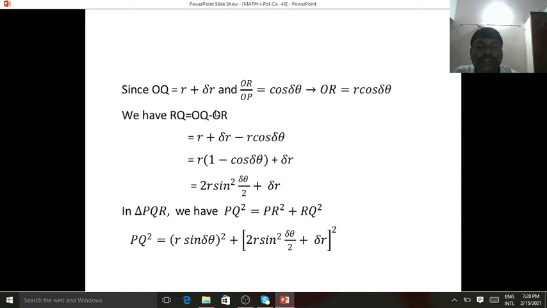Since OQ is equal to r plus delta r, and OR by OP is equal to cos delta theta, this implies OR is equal to cos delta theta into OP. Here OP is r. Next we have RQ is equal to OQ minus OR, which is r plus delta r minus r cos delta theta.